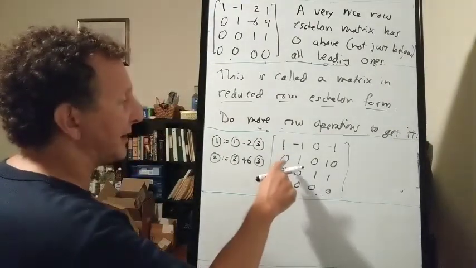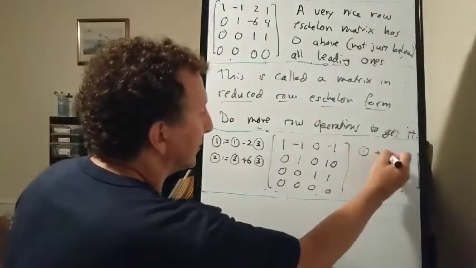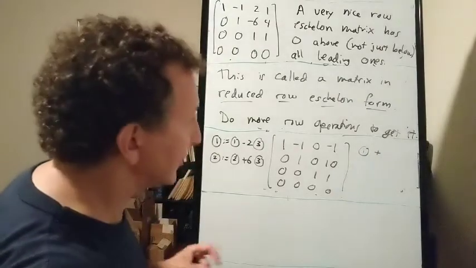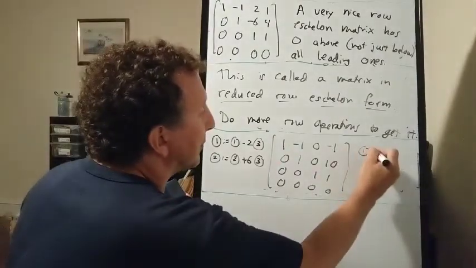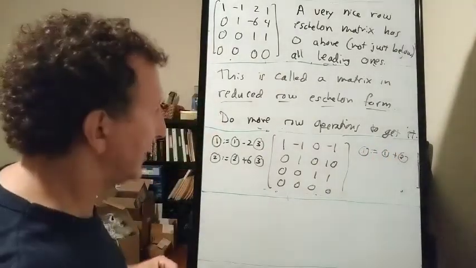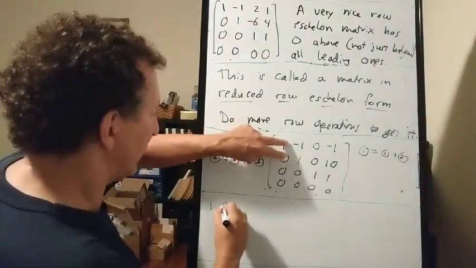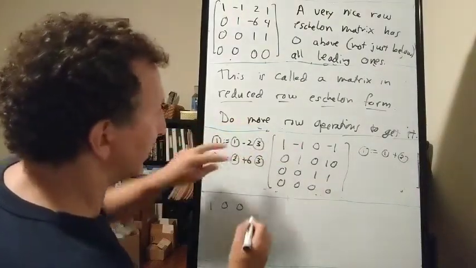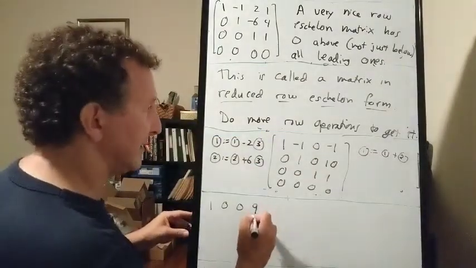But we can fix that if we take row 1 and add row 2 to it. So row 1 becomes row 1 plus row 2. And we get 1, -1 and 1 is 0, 0 and 0 is 0, -1 and 10 is 9.